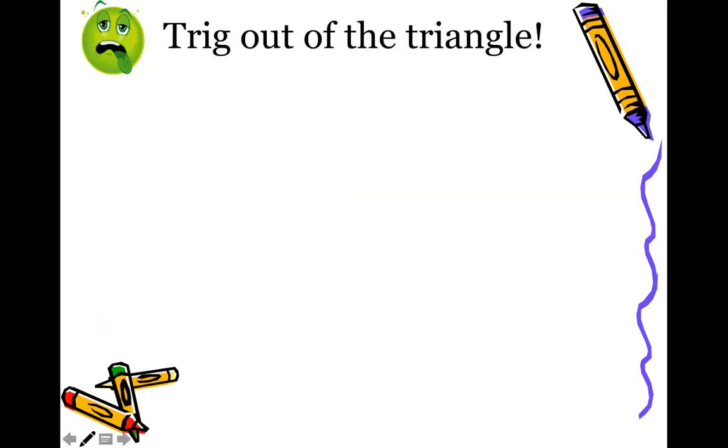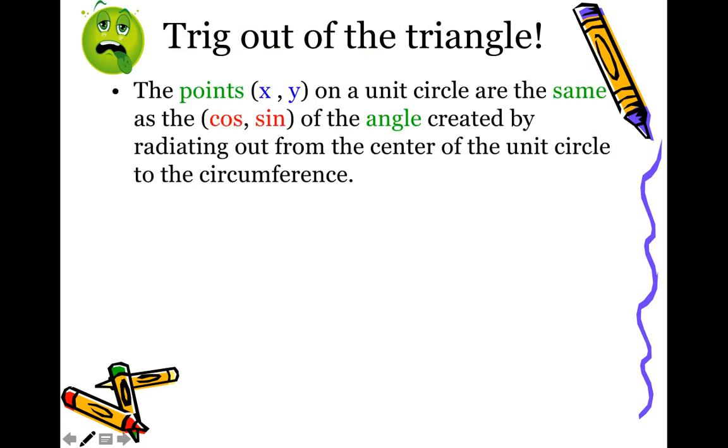All right, so the points x, y on a unit circle are the same as cosine, sine. That's what I was just trying to get at, right? Cosine is x, sine is y, of the angle created by radiating out from the center of the unit circle to the circumference, by that theta, that angle that we were talking about, where you start at the initial side and you end at the terminal side of the angle, what we were doing in the last lesson.